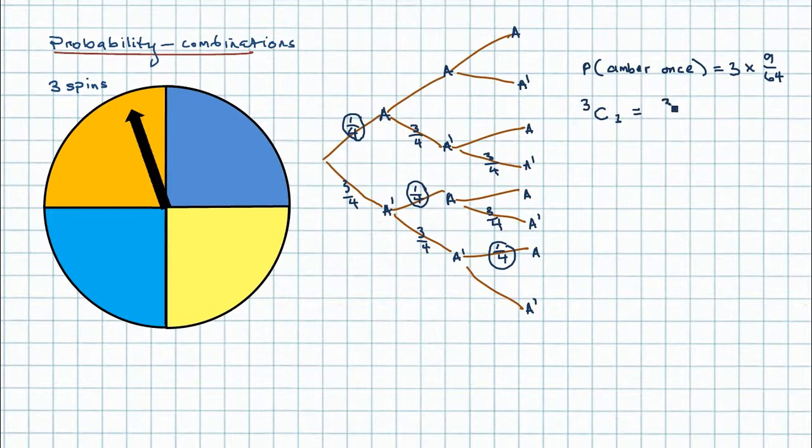And the calculation we make is the 3 is 3 what we call factorial. Now 3 factorial, if you haven't come across this before, is simply the consecutive numbers 1, 2 and 3 multiplied together. So 3 factorial is 1 times 2 times 3.